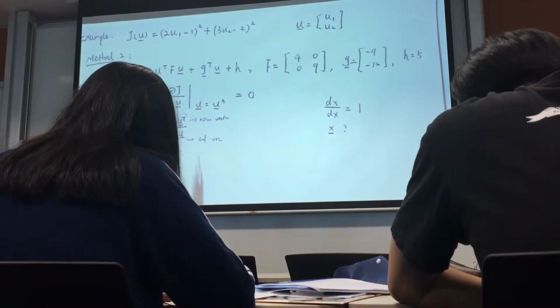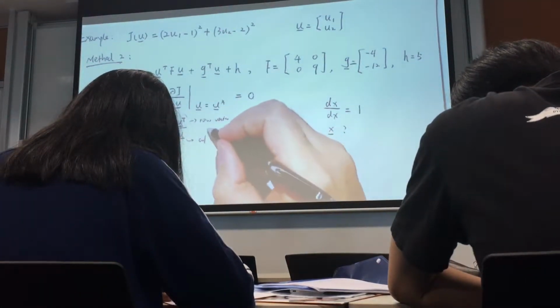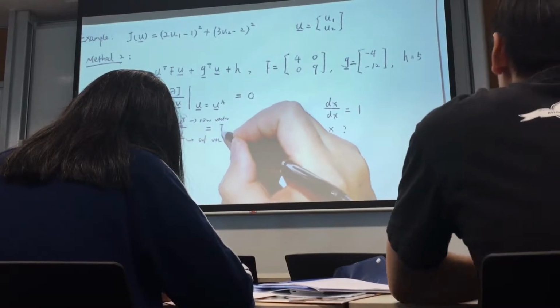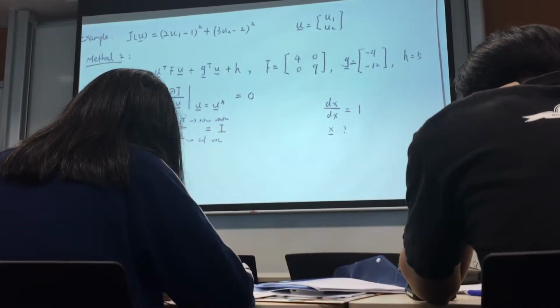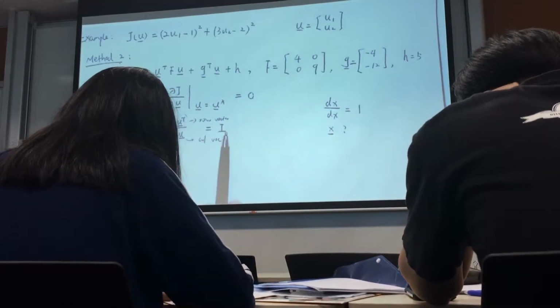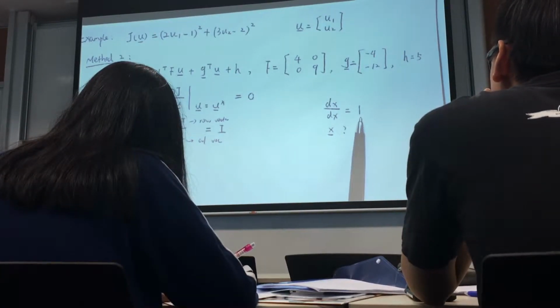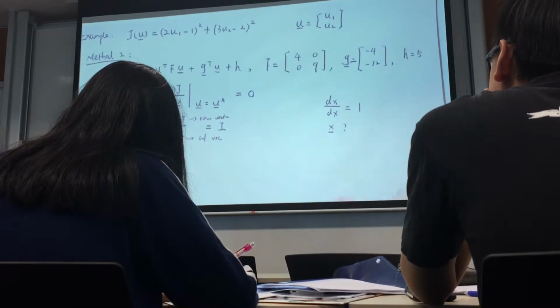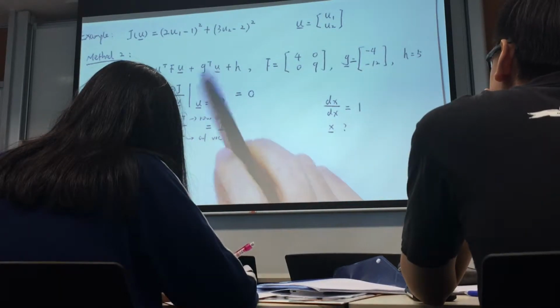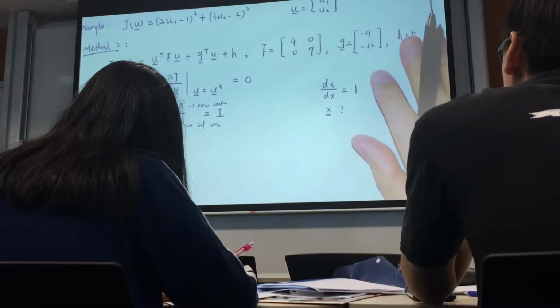If we define it in this way, this will be equal to the identity matrix. The identity matrix is the same concept as 1. So by using this definition, we can solve the problem.